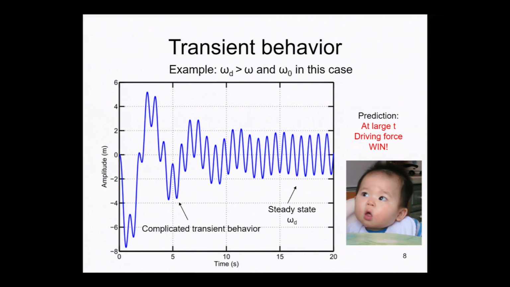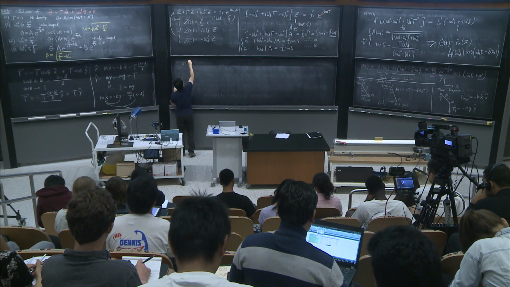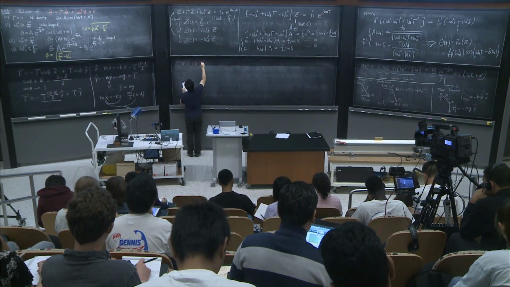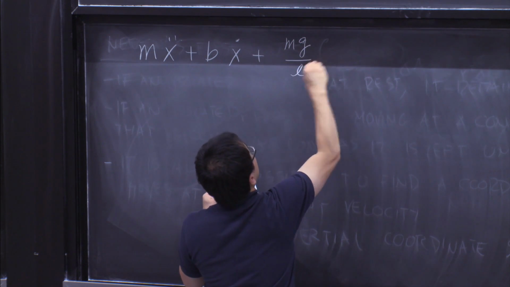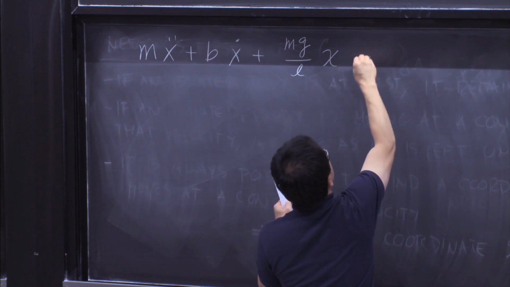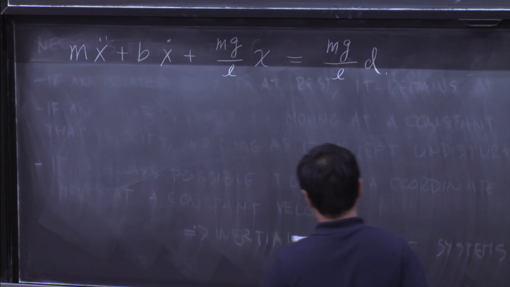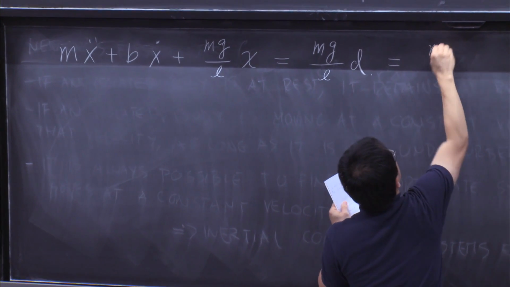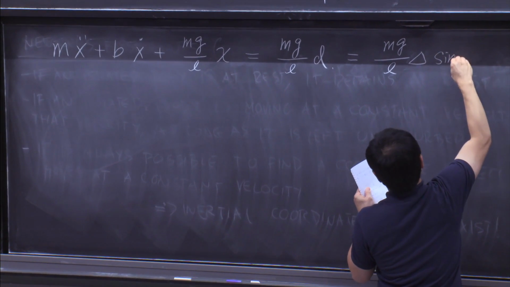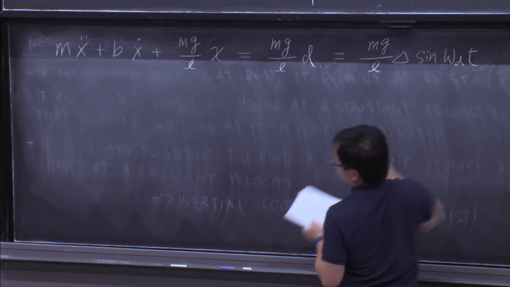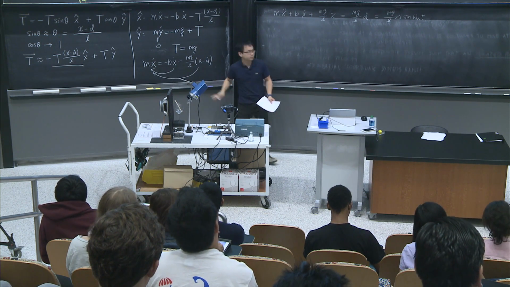All right, so now I will be able to get a result: m x double dot plus b x dot plus mg over L x, and that is equal to mg over L d. And this is equal to mg over L delta sine omega_d t. So basically, I collect all the terms, put them on the left-hand side, and I write down d explicitly, which is this.